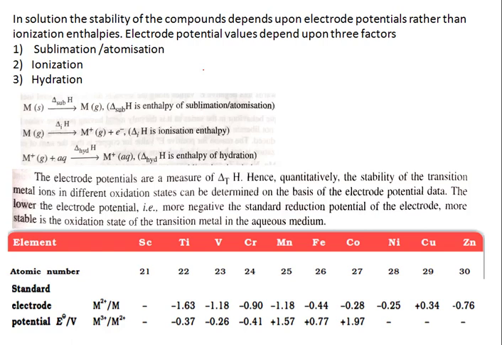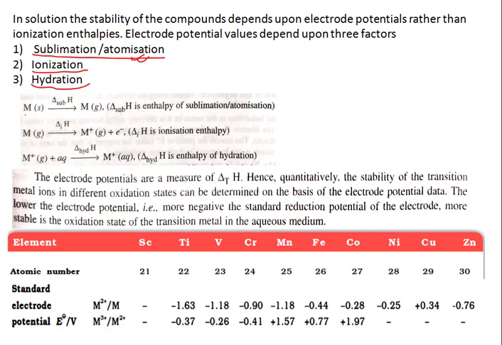And electrode potential values depend on 3 factors. First one is sublimation or atomization. Second one is ionization enthalpy, and third one is hydration enthalpy. What is sublimation or atomization?